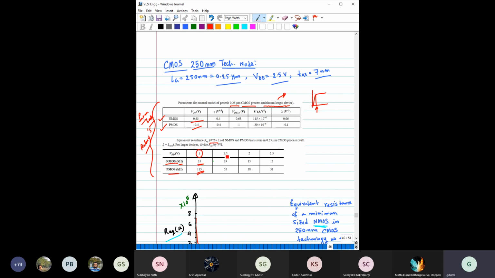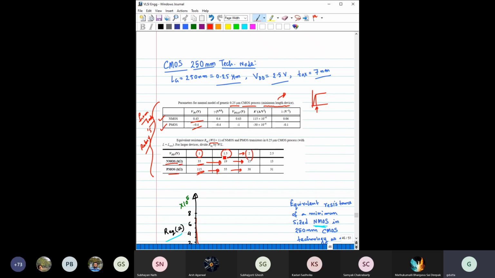Now say we are changing this VD to 1.5. See, this has decreased from 35 to 19 and this has decreased from 115. Then when VD equal to 2 volt, we are making this from 19 to 15, then 35 to 38. So you can see this gap has reduced, right?